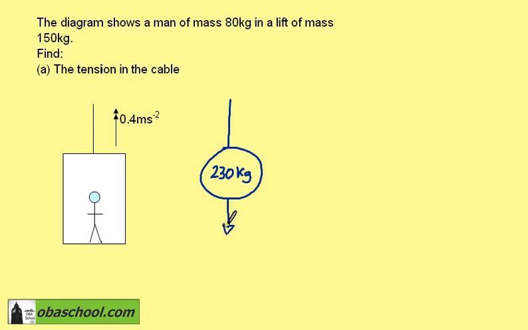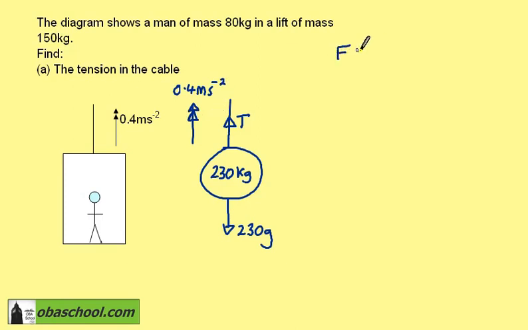The weight then is 230 times the acceleration due to gravity, and the tension is upwards. We know this system is accelerating upwards at 0.4 meters per second squared.